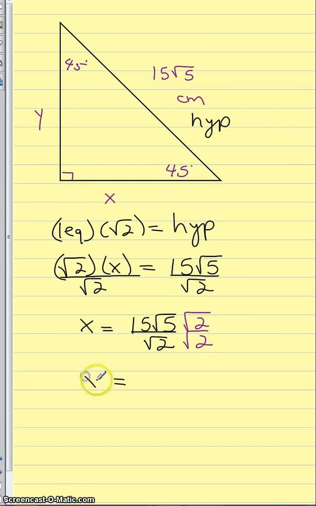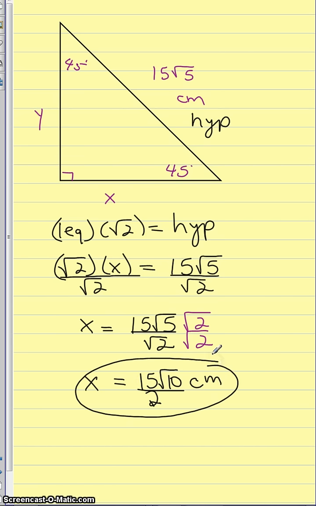And so x is now 15 square root of 5 times square root of 2, which is square root of 10, over square root of 2 times square root of 2, which is plain 2. Now I look at the 15 over 2, and that does not simplify, so my value is going to be 15 square roots of 10 over 2 centimeters, and that is the leg. It is also the value of y because the legs are the same measurement.